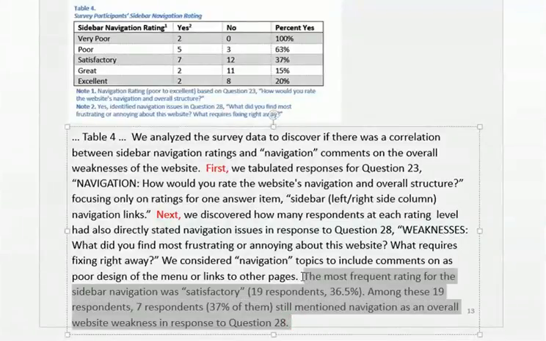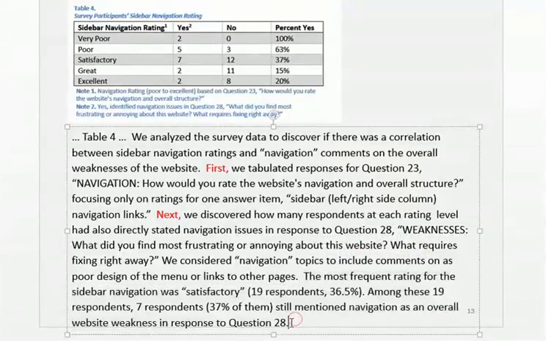And so far, all we've done is we've summarized a little piece of the data, and we haven't provided any analysis. So this paragraph should ideally continue with at least one more sentence commenting on the significance of this fact. What does it mean in terms of evaluating the overall strength or weakness of the navigation on this site? Maybe it only comments on the sidebar, and maybe it's overall navigation.